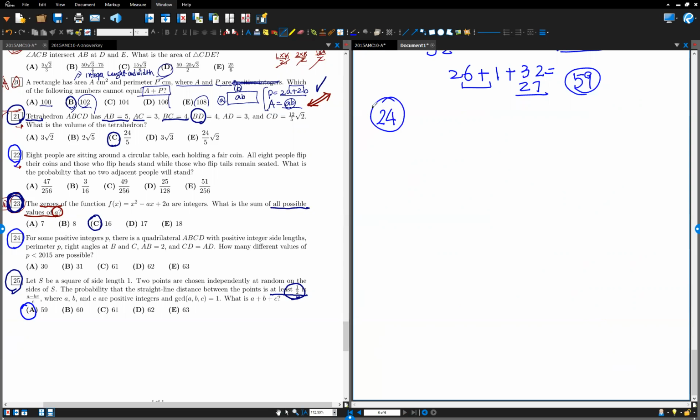We have some positive integer p, there's a quadrilateral ABCD with positive integer sides, right?